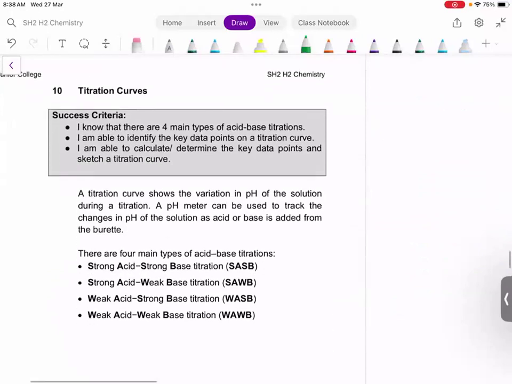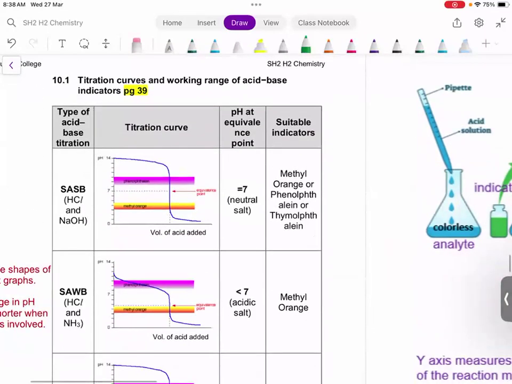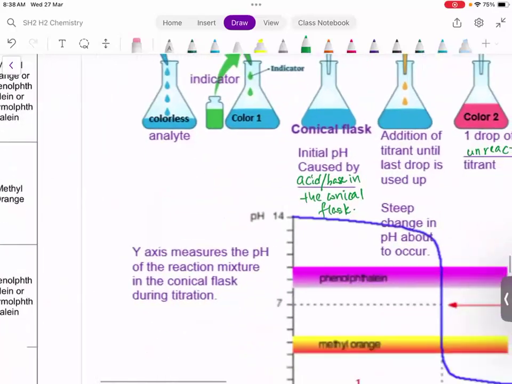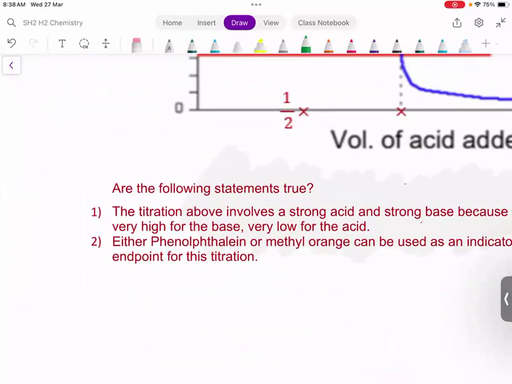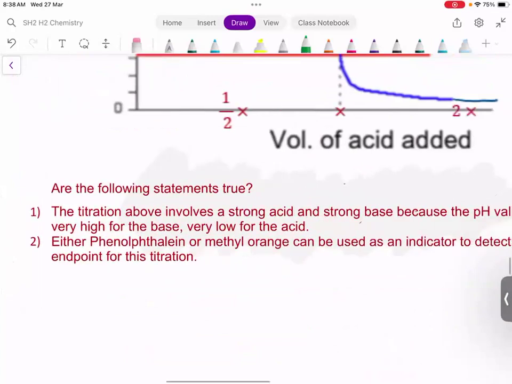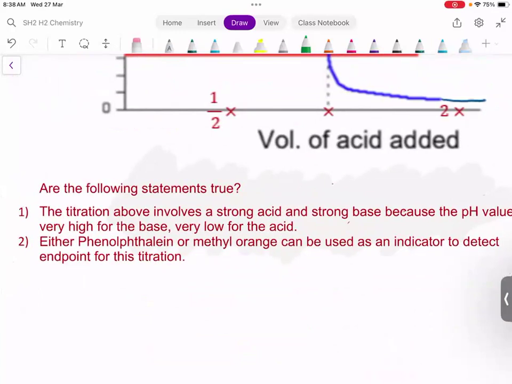Okay, very quickly, let's start the titration curve. Before I continue with the discussion, I would like to ask this. There are these two questions at the bottom of your handout. The titration above involves a strong acid and strong base. So in this case, you cannot tell from pH value alone.